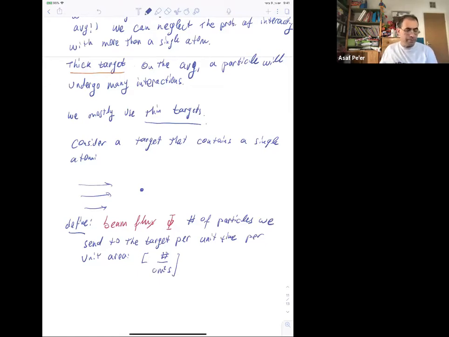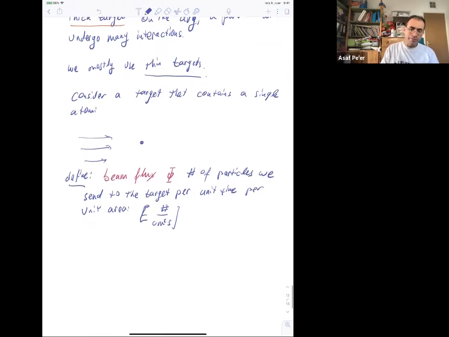Of course, the higher the flux, the more particles will hit the target per unit time. If the same number of particles hit the target, then the impact parameter is smaller. So the rate of scattering events that occur for a single target atom is proportional to the flux of the incoming particles. It's obvious.